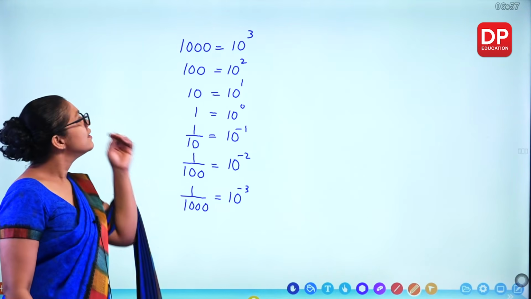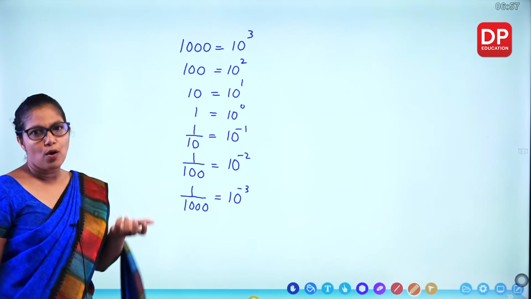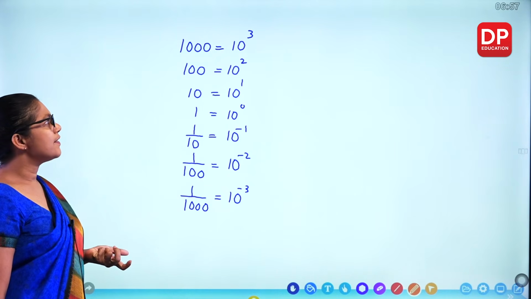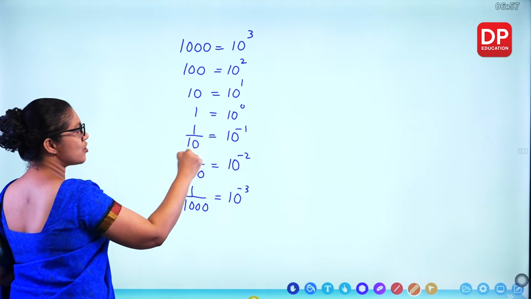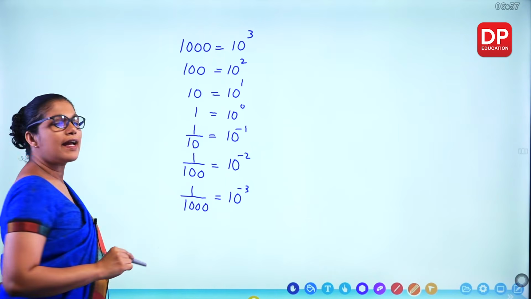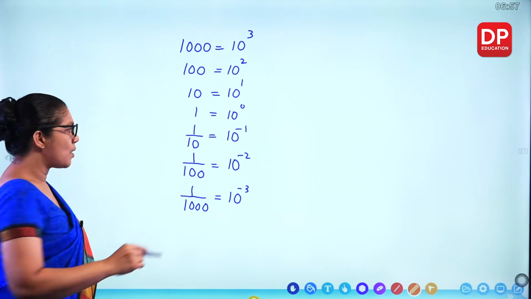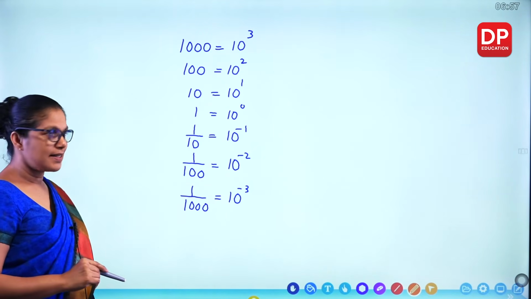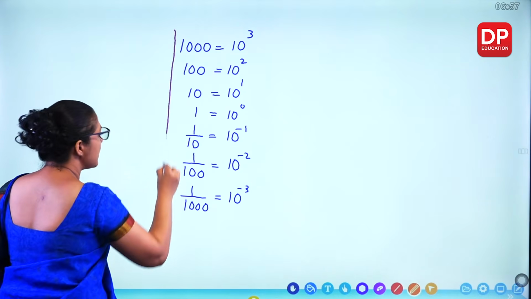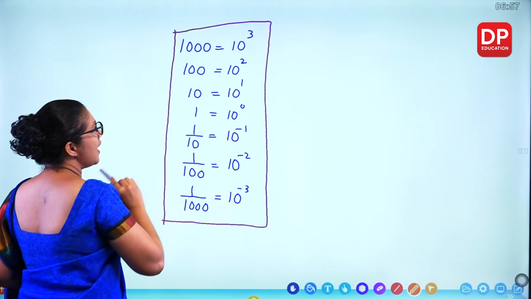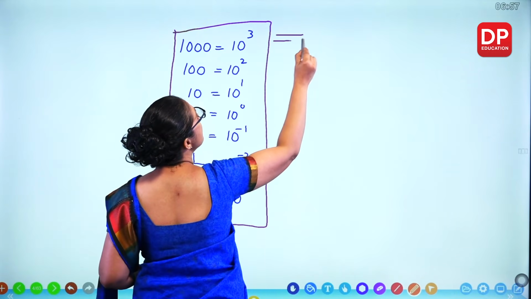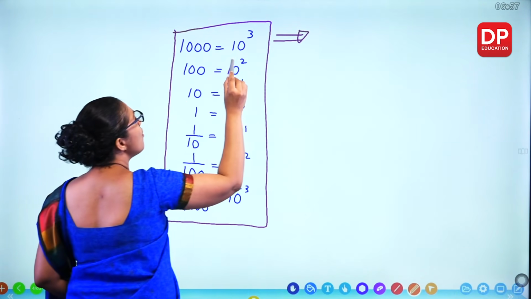Now look at these numbers. 1000 we can write 10 to the power 3. 100 is 10 squared. And when it's a fraction, you can write it as 10 to the power minus 1, minus 2, minus 3 like that. So when you take this table, we'll try to write down all these in log form.